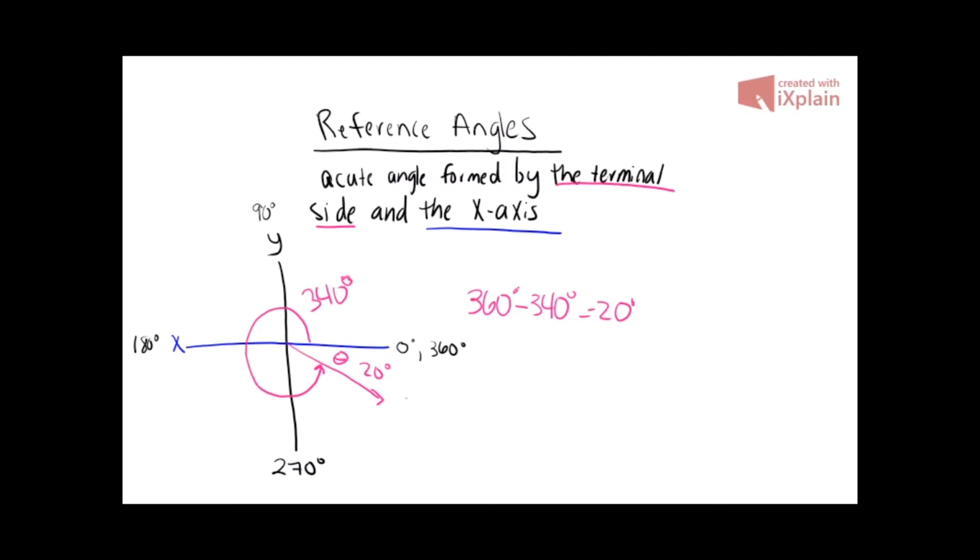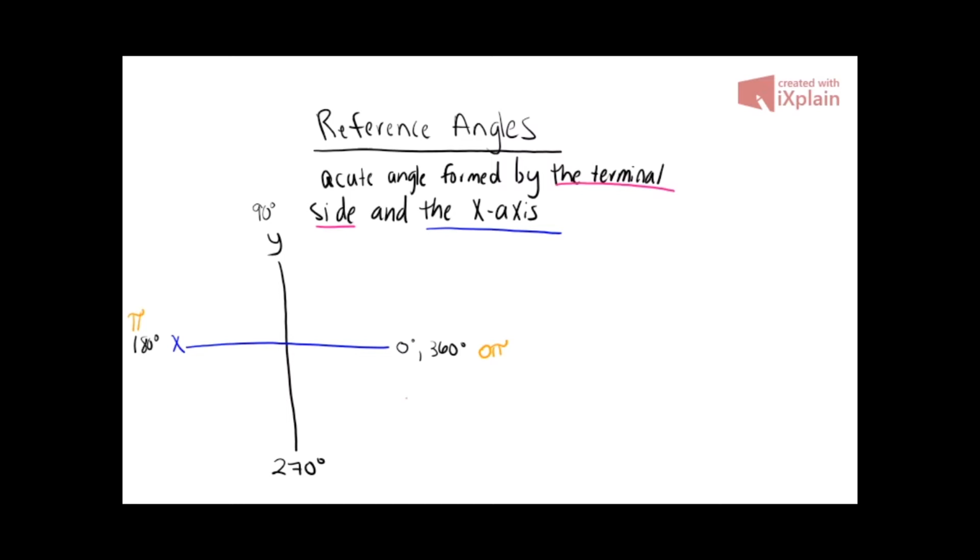So let's try doing the same thing, finding our reference angles, but with radians instead of degrees. So for radians, we still start at the positive x-axis, so this would be 0 radians. And we know that 180 is equivalent to pi.